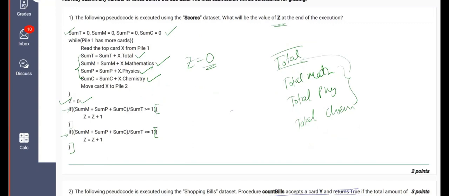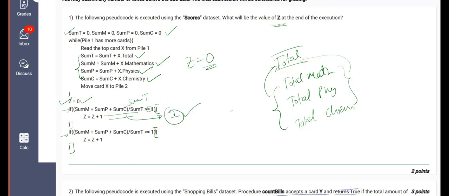Sum m plus sum p plus sum c, as I've said, is nothing other than the total, right? This is always equal to sum t. Therefore, it always remains equal to 1. This complete fraction always holds the value 1, right?